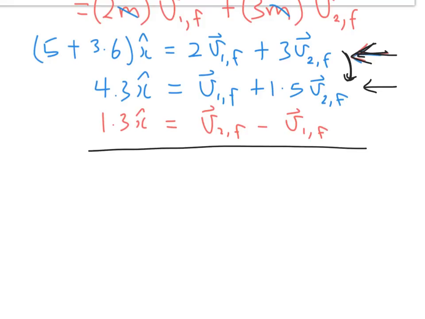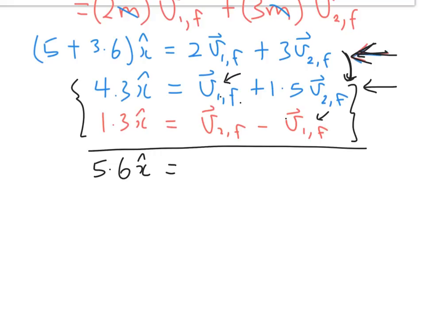I'm going to add the left-hand side, which will give me 5.6. And if I add the right-hand side, I have v1f, this term, and I have minus v1f. So when I add these two terms together, they cancel. I have 1.5 v2f and I have 1 v2f.